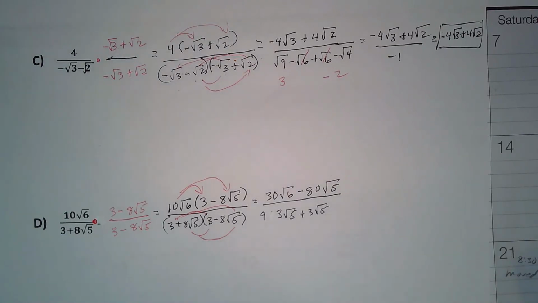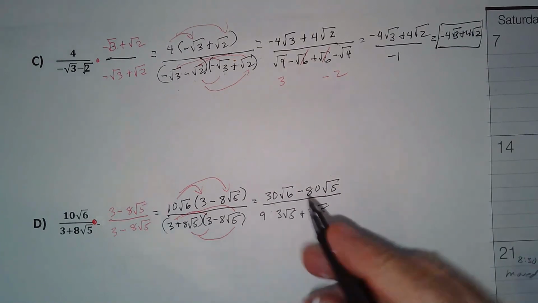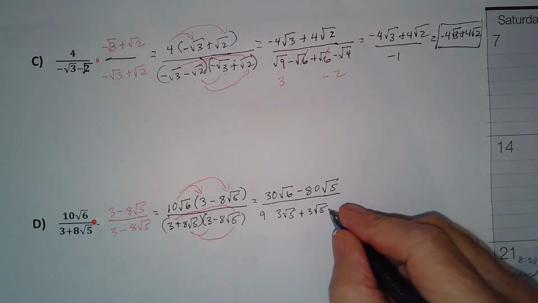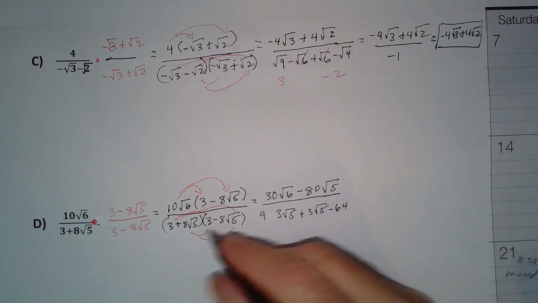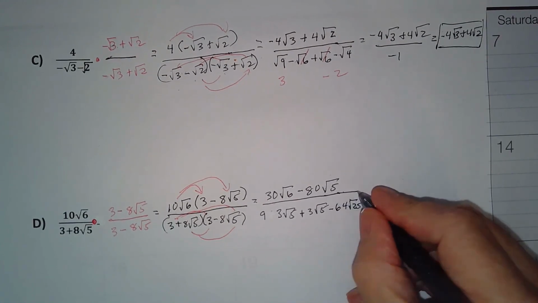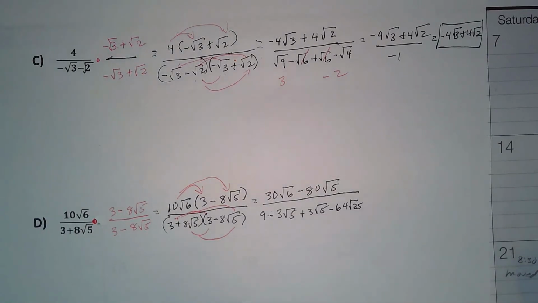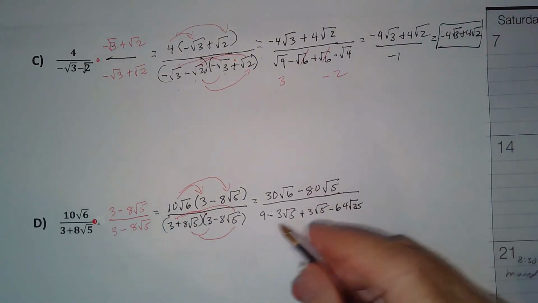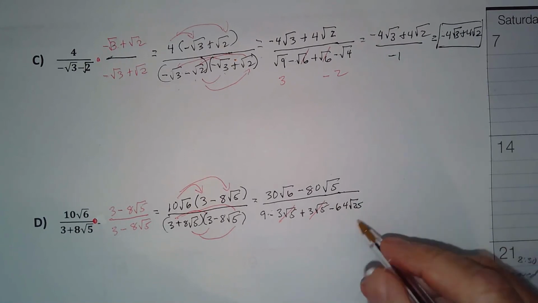And then 8 square root of 5 times negative 8 square root of 5. 8 times 8 is 64, but it's positive times negative. It's negative 64. And then times the square root of 25. Okay, and if you remember, this is 9 minus 3 square root of 5. So the negative square root of 5 and the positive square root of 5 cancel.